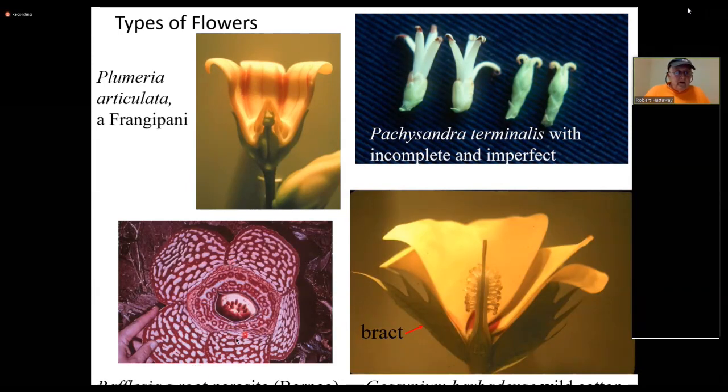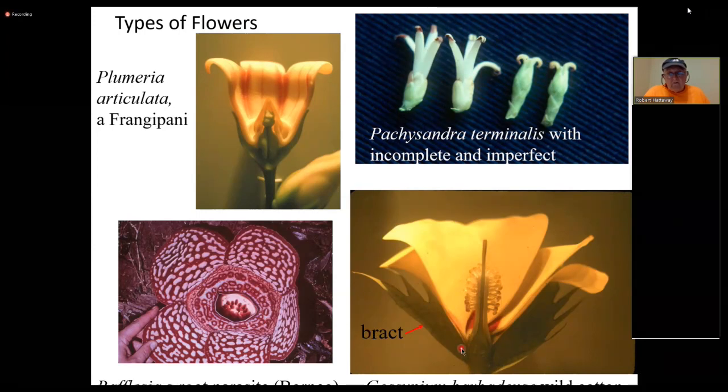I've never smelled it, but they say you can smell it for a long way off because these are fly pollinated, and the color is like rotting flesh, and it smells like rotting flesh. The flies just get attracted and do the pollination. So it's ironic that the largest flower in the world is a parasite. But it's a complete flower too.